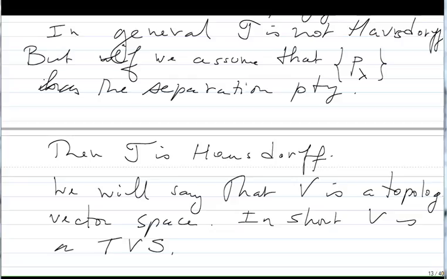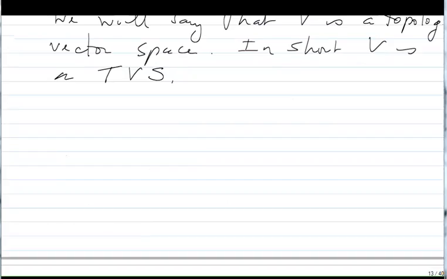And what happens when the family is countable? This is very interesting, as we saw in the introductory example. A countable family of seminorms that has the separation property. So here's a special case.